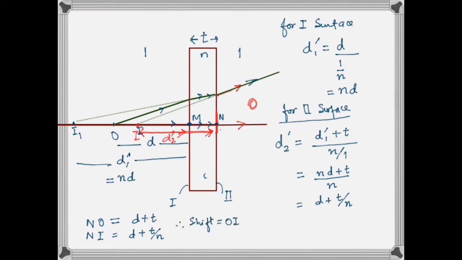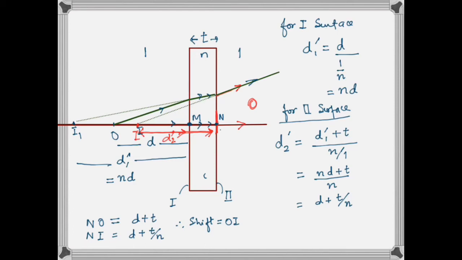And the distance between O and I is called the shift. So for an observer here, this object will be seen shifted from its position by this much amount. So OI is the shift, and how do you find OI?